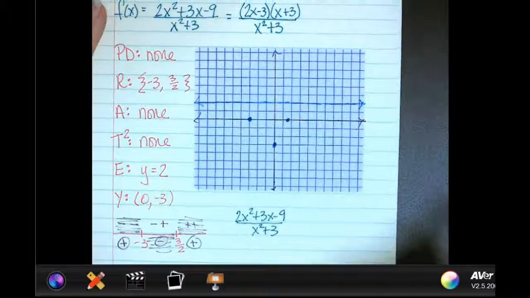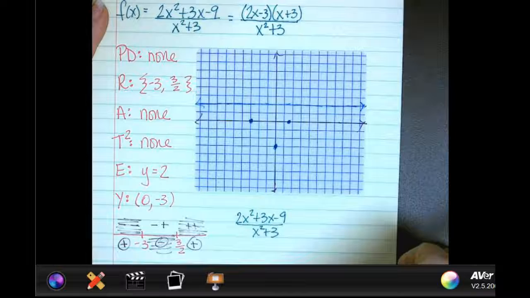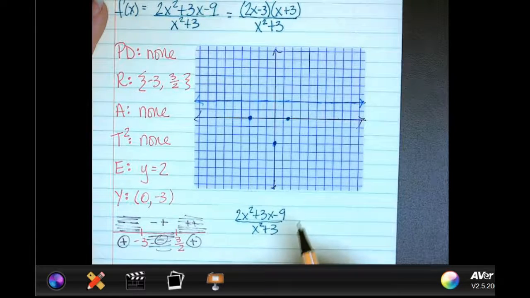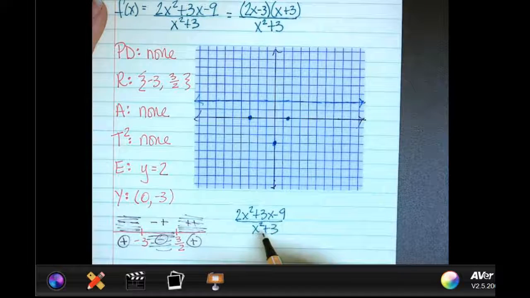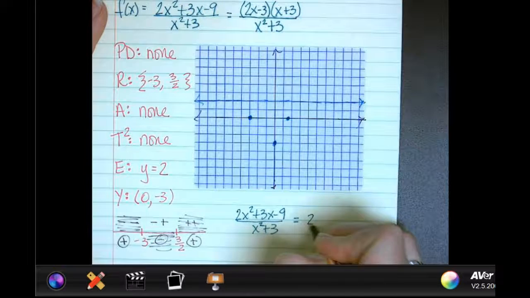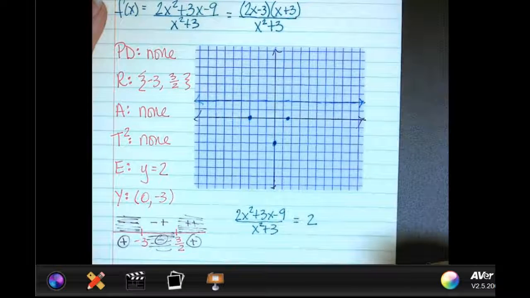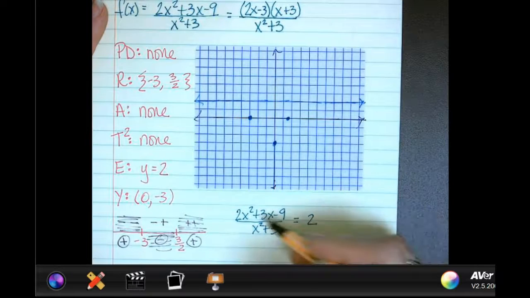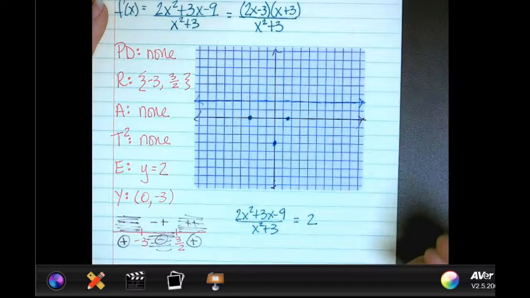I want to see where the function and that asymptote intersect, so where the rational and the line intersect. So I'm doing a system, they're both equal to y, I substitute, so I set this part here equal to what? 2. Not just because it's some random number, but because that's the equation of that line. It's y equals 2. So if that was a slant asymptote, then it might be that all this is equal to x plus 2, or whatever the equation might be.